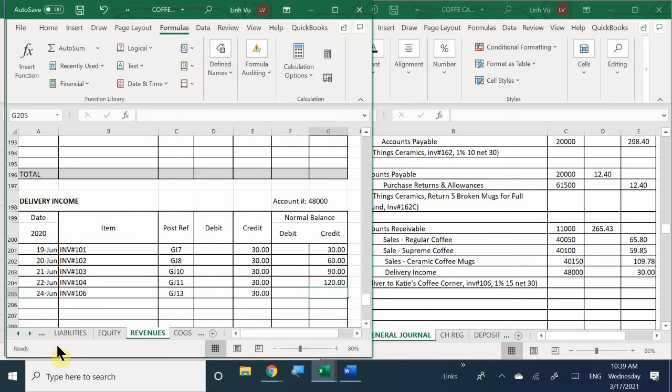So what's my grand total? 150. Good. Okay, so there we are. We finished the journal and the ledger. What's next?